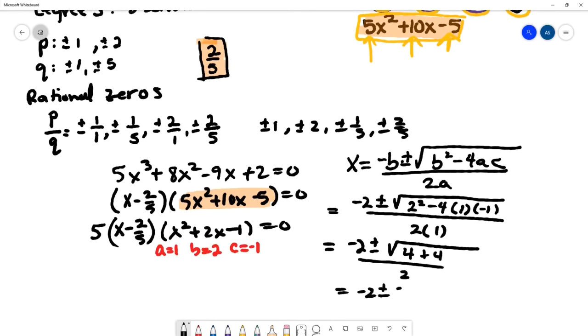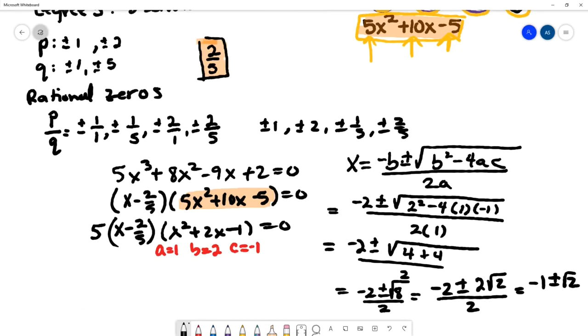That's -2 plus or minus the square root of 8 over 2. The square root of 8 can be simplified to be 2 square root of 2, and 2 goes into both of those to make it -1 plus or minus square root of 2.